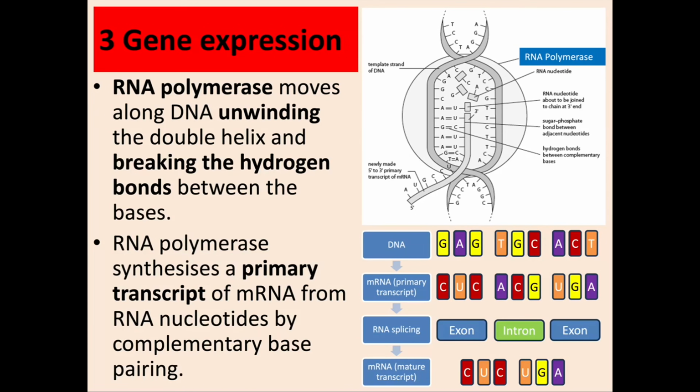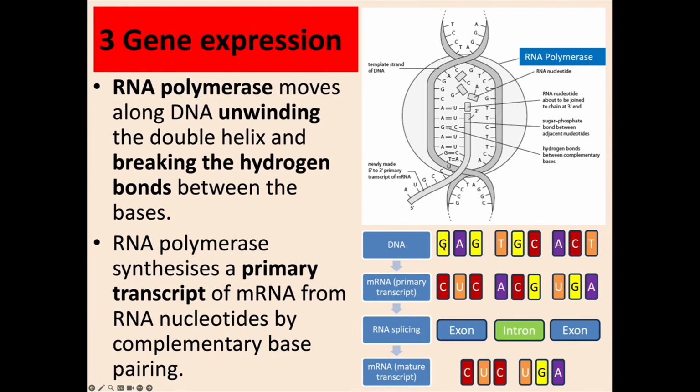That primary transcript of mRNA is made up of RNA nucleotides, joined to it using the complementary base pairing rule that we learned about earlier on. So RNA polymerase adds those RNA nucleotides by complementary base pairing, and eventually that forms a mRNA primary transcript.